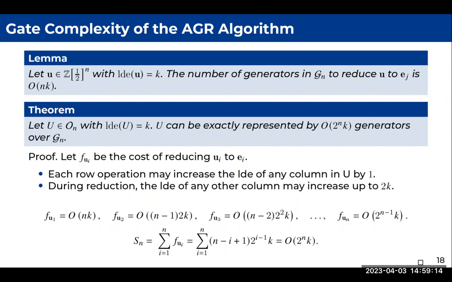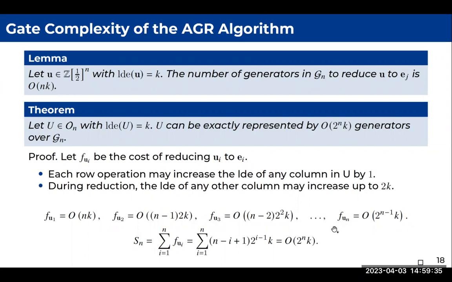But note that here, we are not dealing with every column independently. When we are applying our two-level operators, indeed, they're acting locally on those entries, but they may also affect the other columns. This means they may mistakenly make the other columns much harder to synthesize. By this, I mean they may get higher LDE.